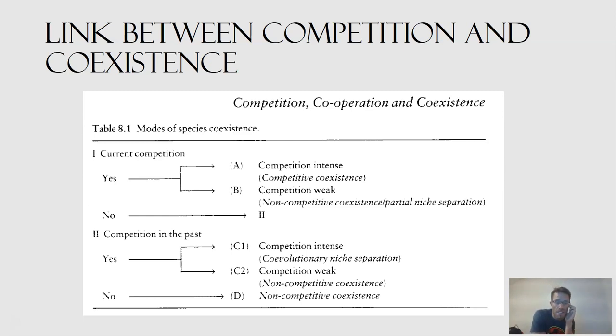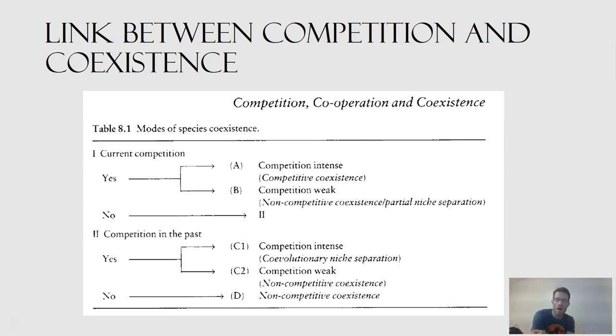So if there's current competition, yes versus no, maybe that competition is intense, and that's what we would call competitive coexistence. Or maybe that competition is weak, leading to non-competitive coexistence. And oftentimes this leads to niche separation or partial niche separation, which we'll go through on the next slide.